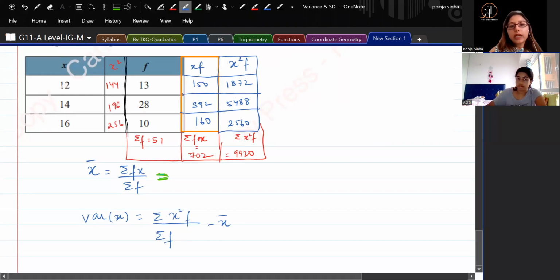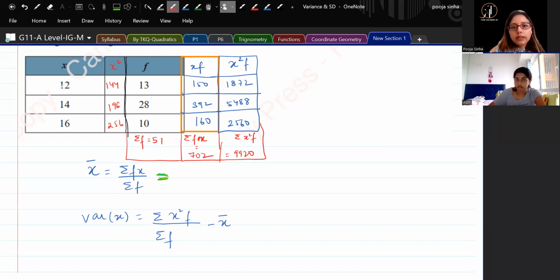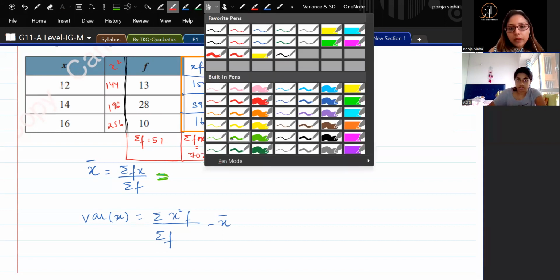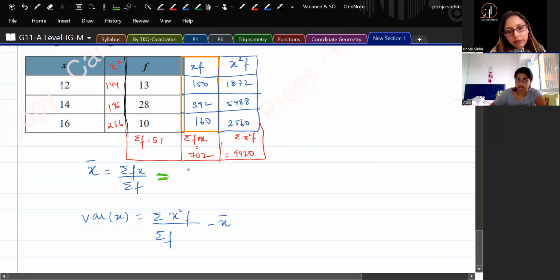Now that everything is done, I'll just start plugging in all my values. So let's see what we get. Sigma fx we have 702 upon sigma f. Sigma f is 51. So 702 divided by 51 came to 13.76.